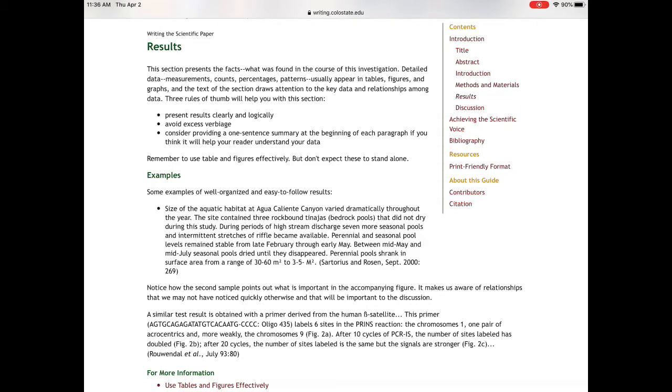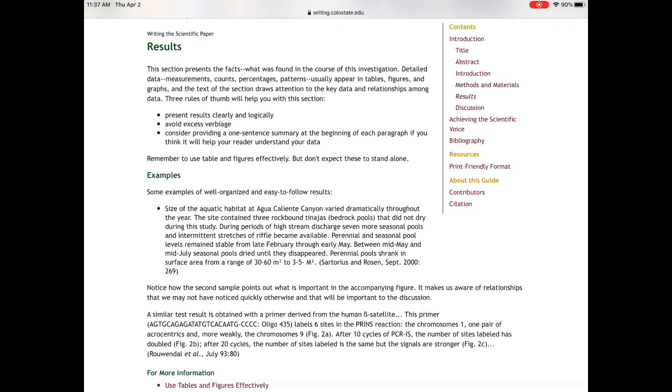So if you have a chart or a graph, you can put that in, showing the increase in growth, for example, in the zinnias or the marigolds. You could have pictures, beginning and ending pictures if you wanted to do that, or you could simply write it out by hand.